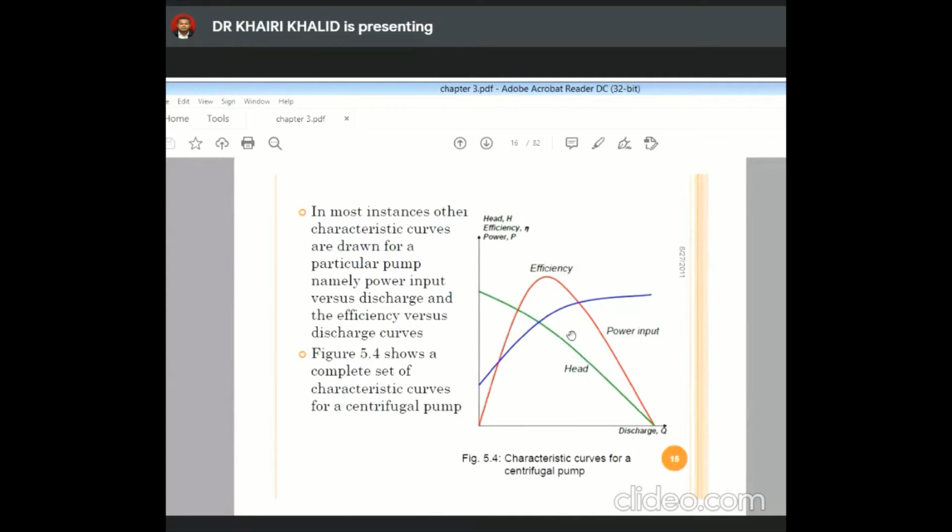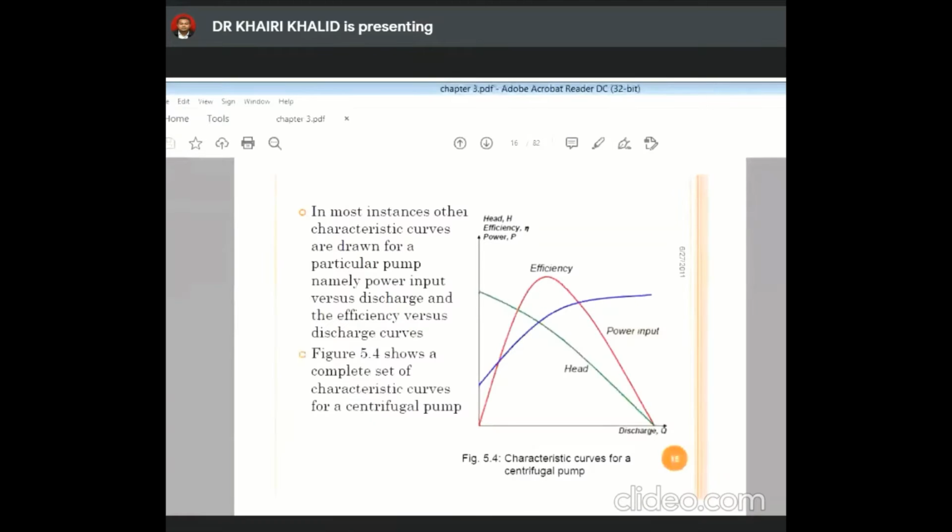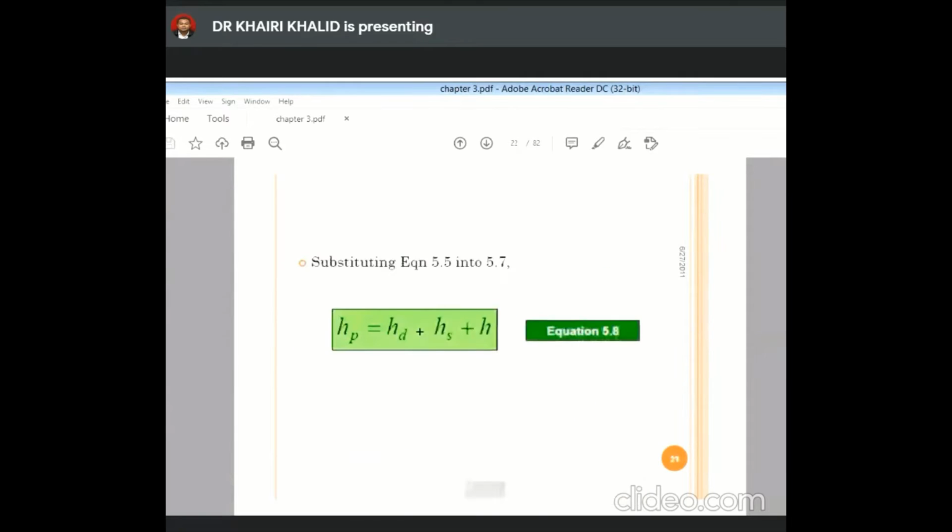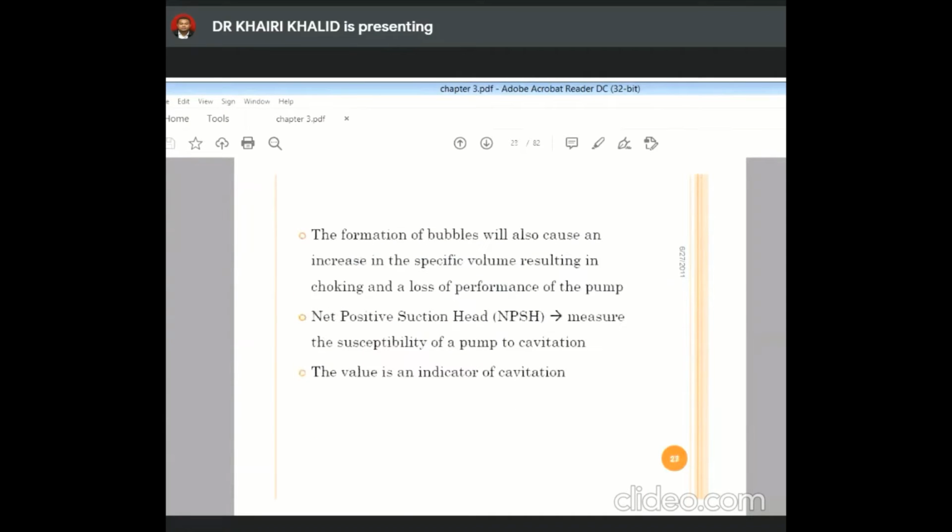This is the power input, where the power input will increase with the increase in the value of Q. So we will manipulate all this data in order to get the operating head over here. As simple as that. I show it to you first because I just want to give you some idea.